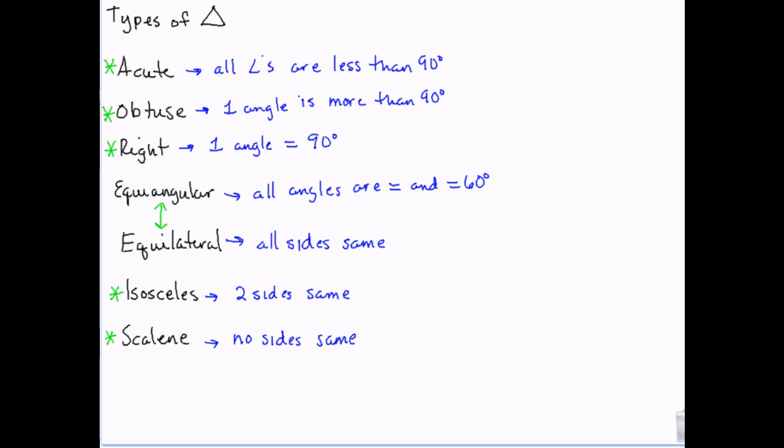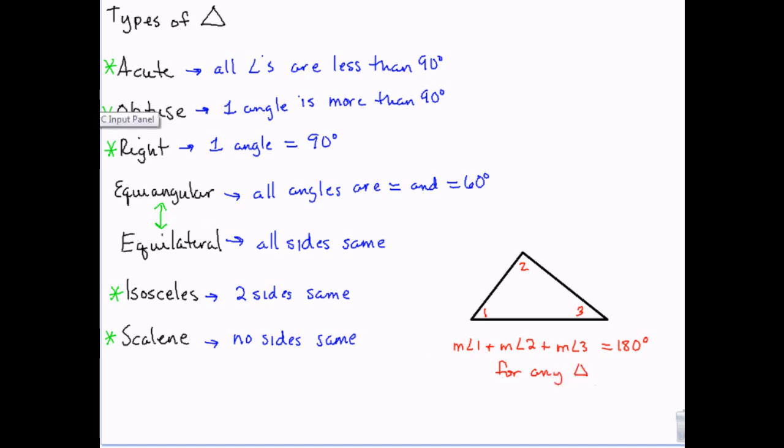Okay, let's add something here. If I have a triangle, no matter what triangle I have, all angles in a triangle add up to 180 degrees for any triangle.